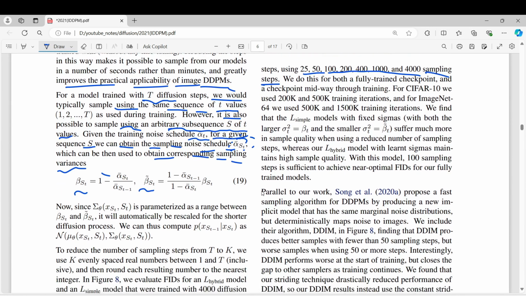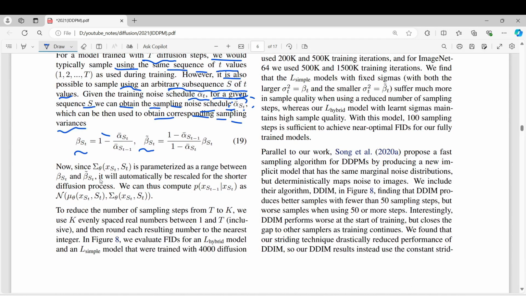Now, since the variance is parameterized as a range between these quantities, the upper and lower bound of beta, it will automatically be rescaled for a shorter diffusion process.